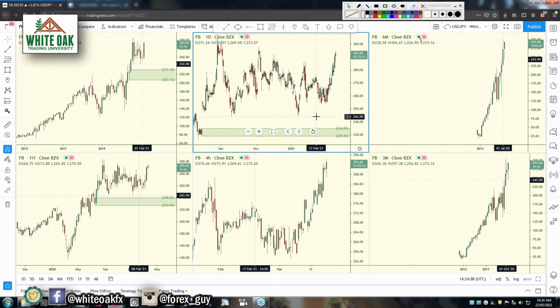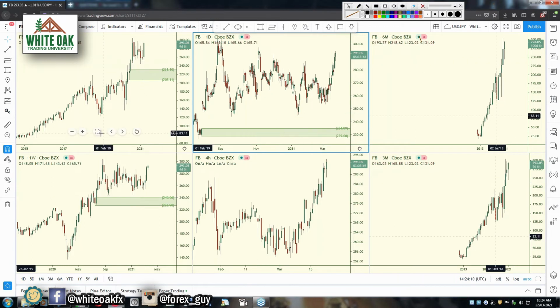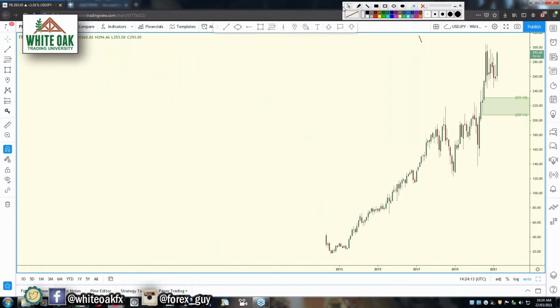When you get price action doing nothing for so long, is it in a range? What is it doing? Where is it going to reverse from? When is it going to finally stop going up and then come down? You have nothing here to base that off of.